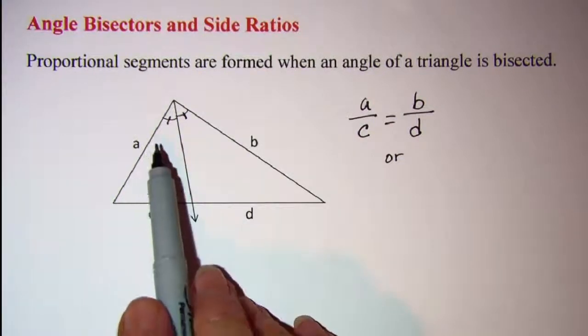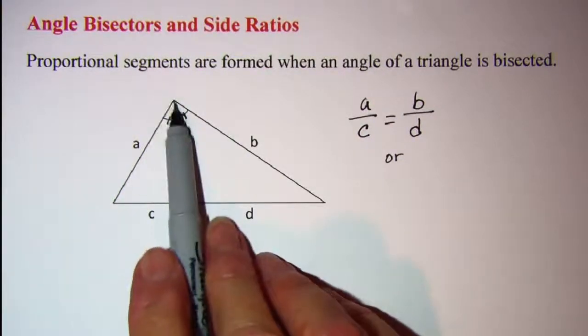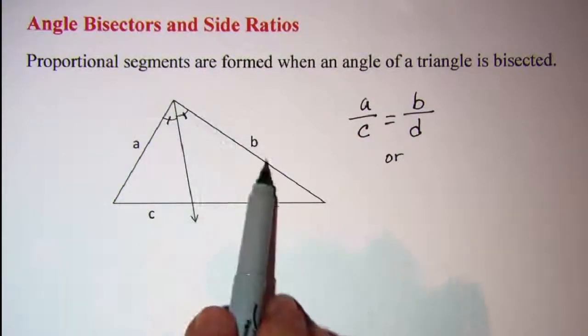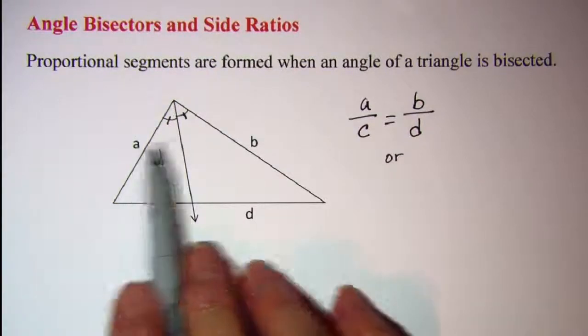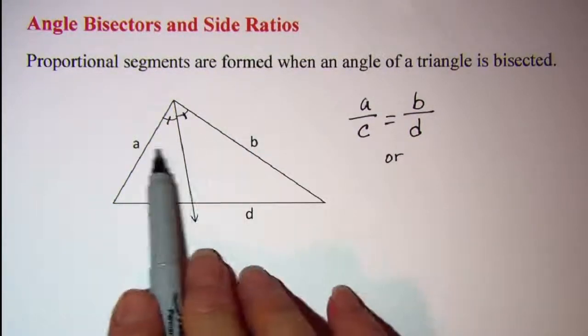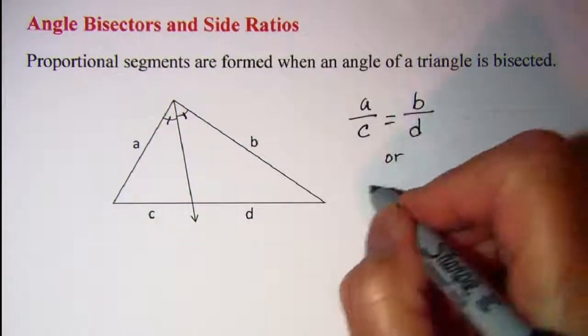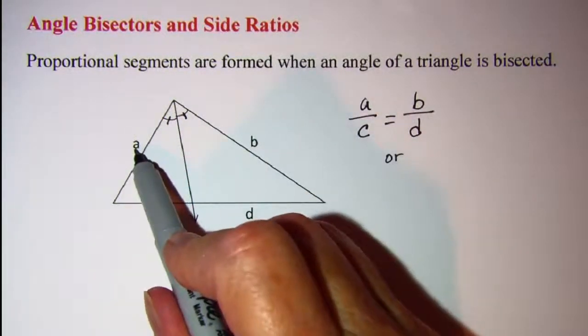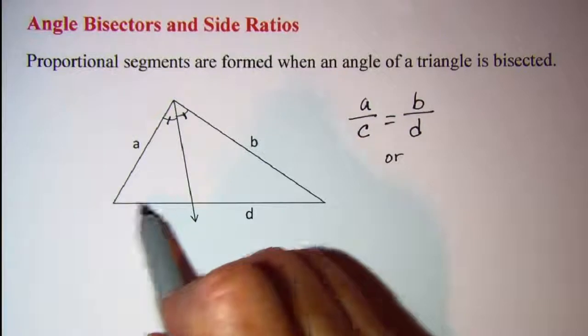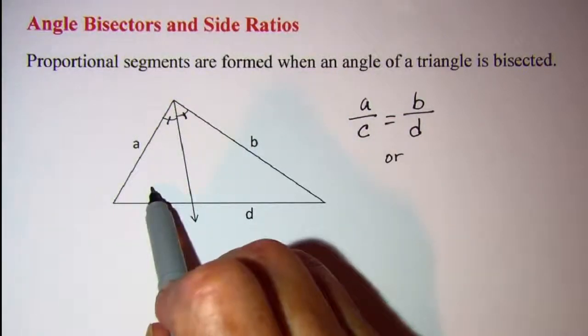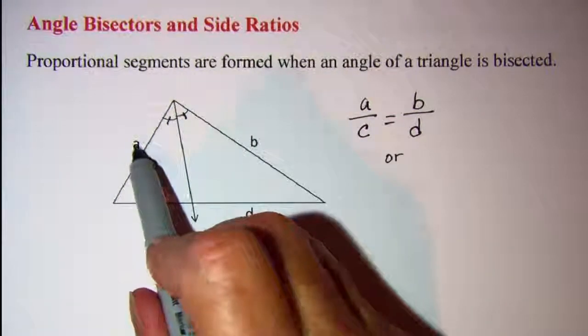Or, if you like, you can take the two sides of the angle that was bisected, in other words the A and the B, and write the ratio with that one, making sure that you take the segment in this triangle and put it with this guy.